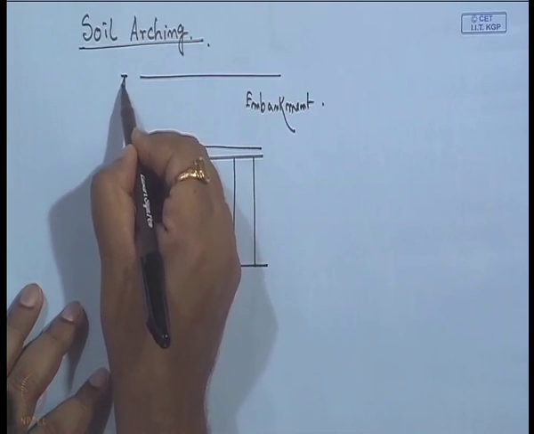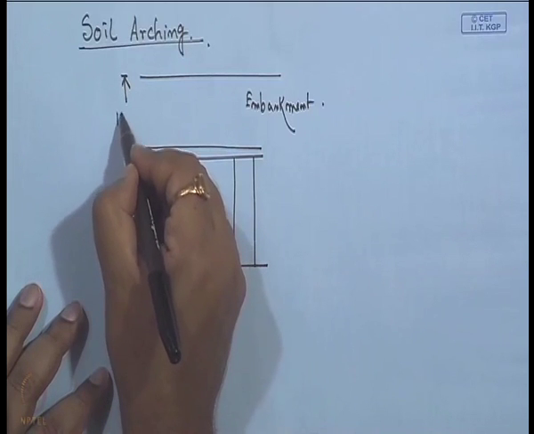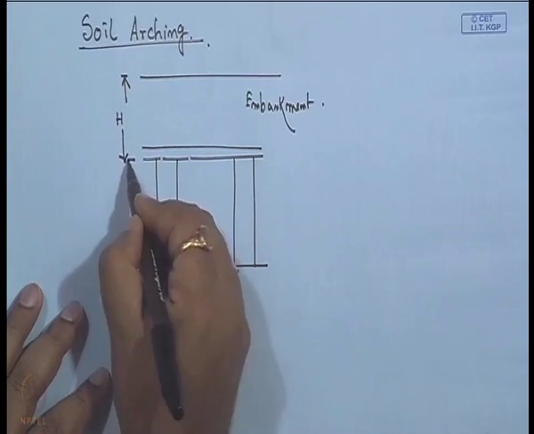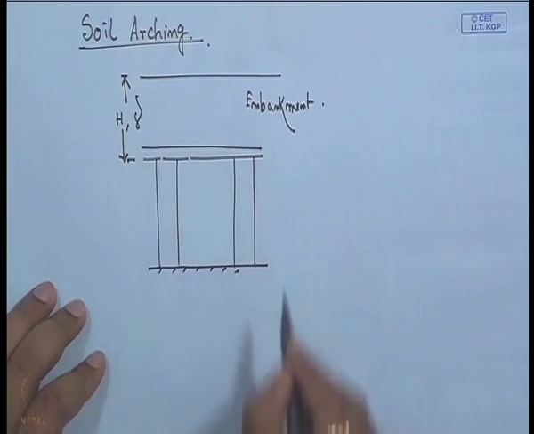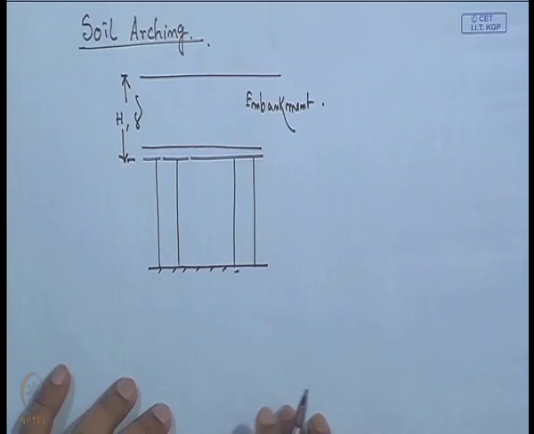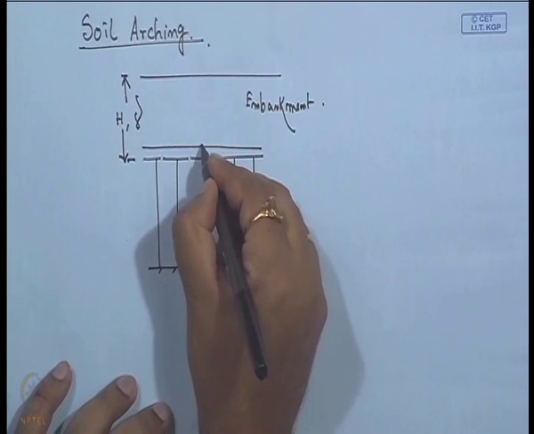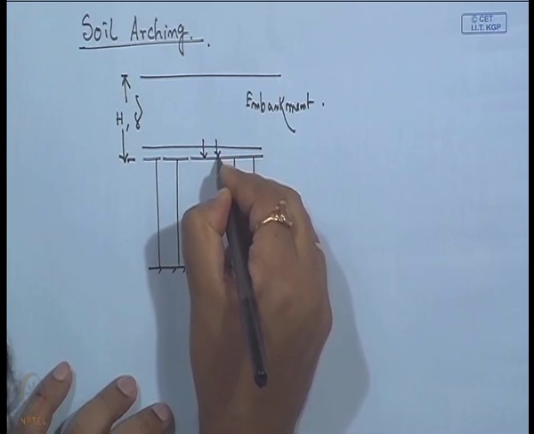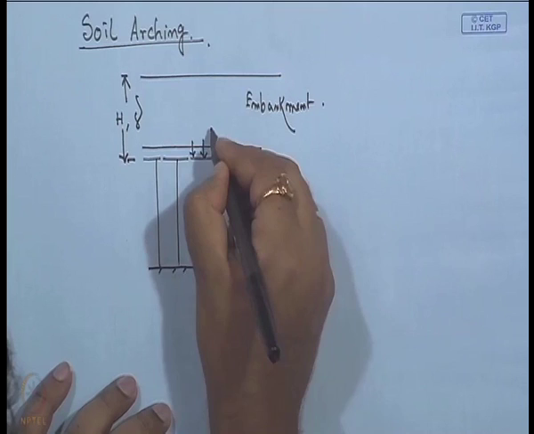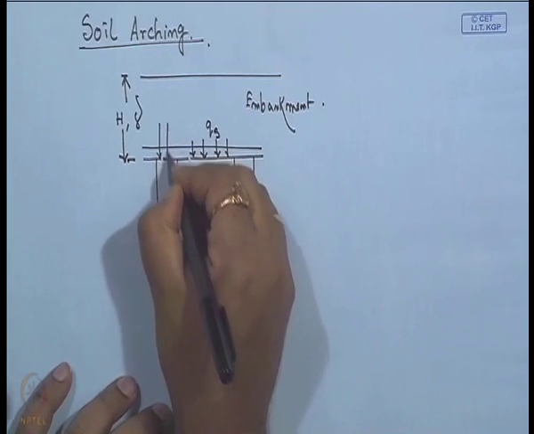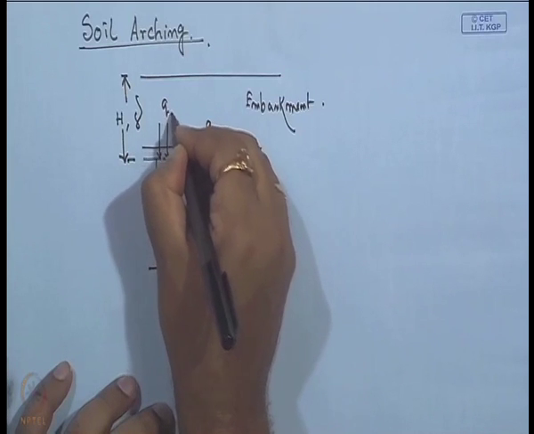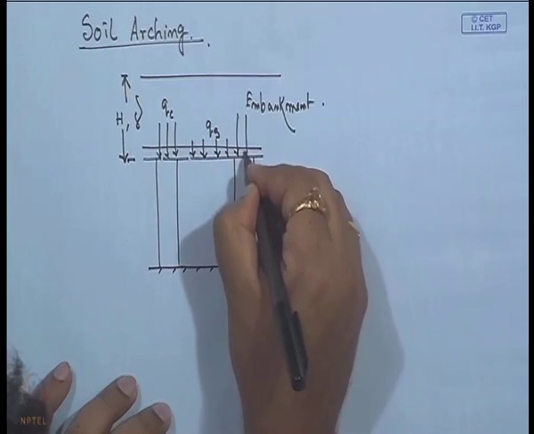Including this embankment and this granular layer, the height of the embankment is H, and the unit weight is gamma. One stress acts here, that is q_s on the soft soil, and another we can consider q_c on the stone column.